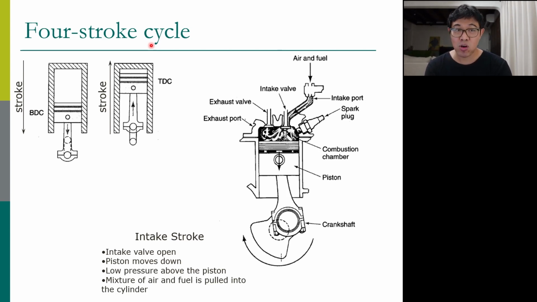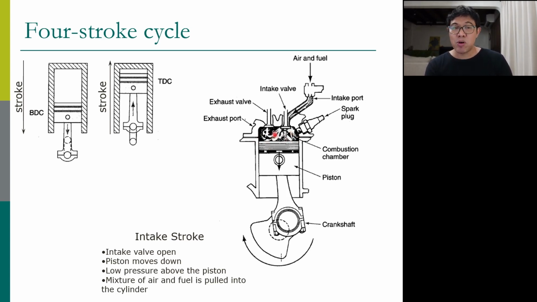The strokes of the engine are, the first one is the intake stroke. Basically, we want to combust air and fuel inside, so we have to take air and fuel in. In the intake stroke, the piston moves down. When it moves down, it creates larger volume, which means lower pressure, so it creates a vacuum inside this volume.